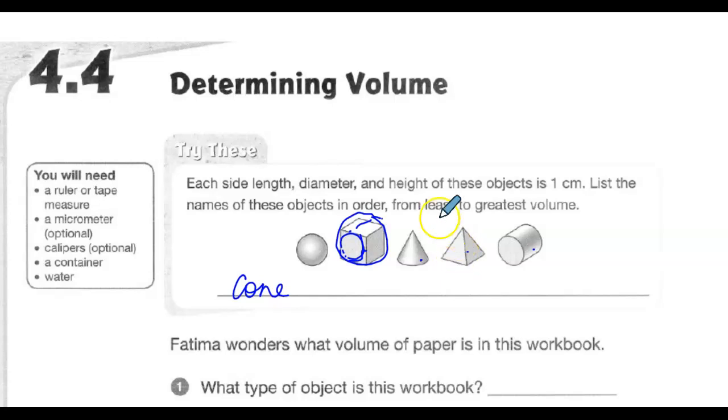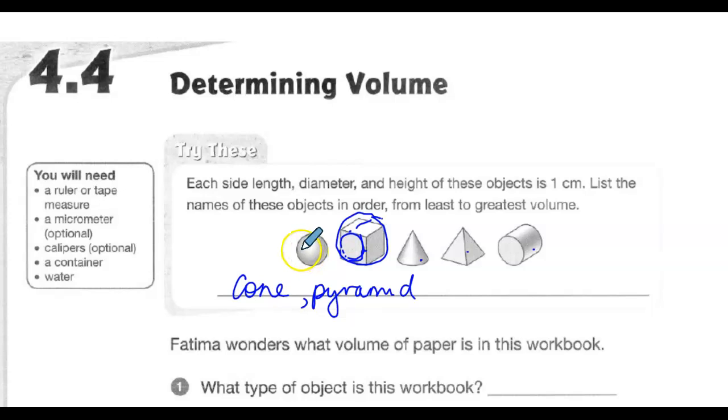The pyramid is going to be smaller than the cube. Which one of these looks smaller? Well, the cone does, right? Because this actually goes out to the corners. So then I'd say the pyramid. Okay, and then probably this is where you'd have to actually do some calculations. Where does the sphere fit in?